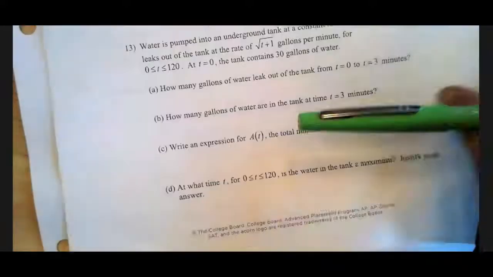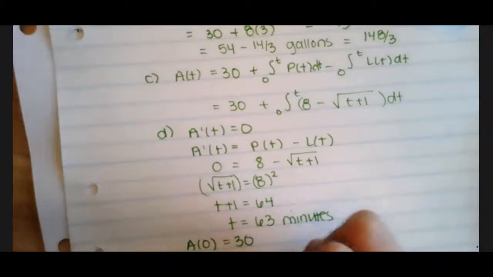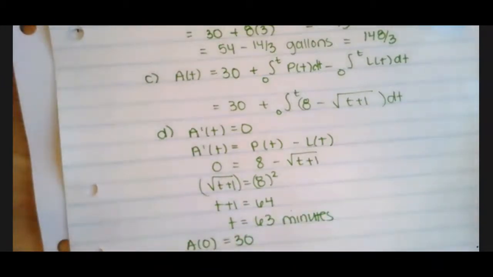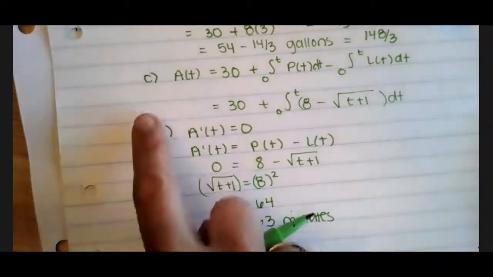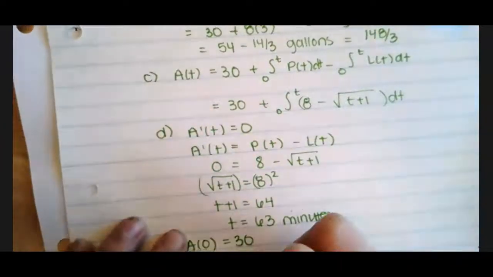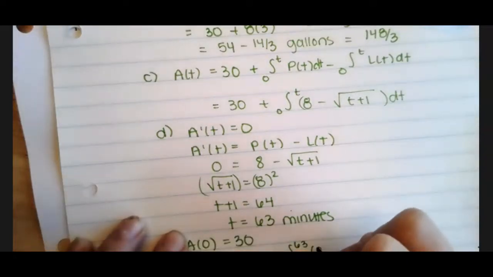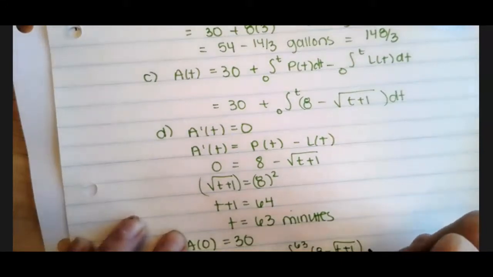120. A of 63 would come from plugging it in up here. So that would be 30 plus the integral from 0 to 63 of 8 minus the square root of t plus 1 dt.